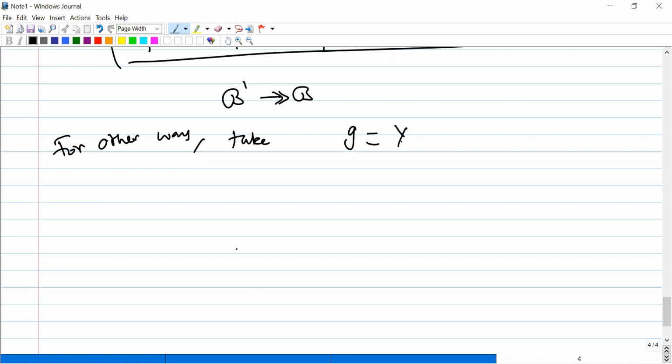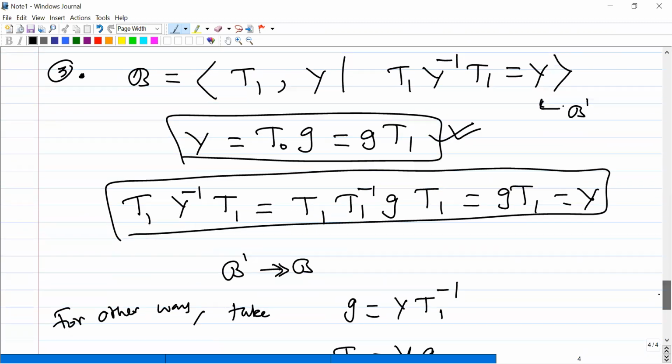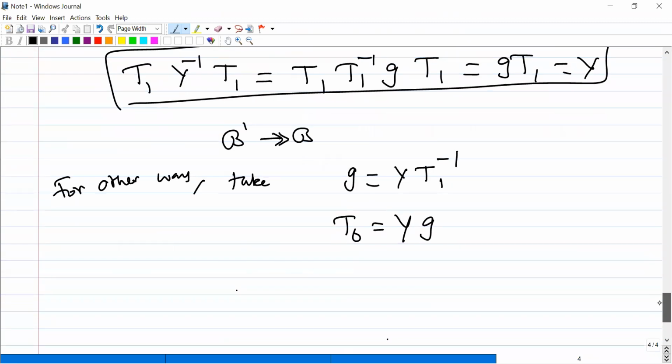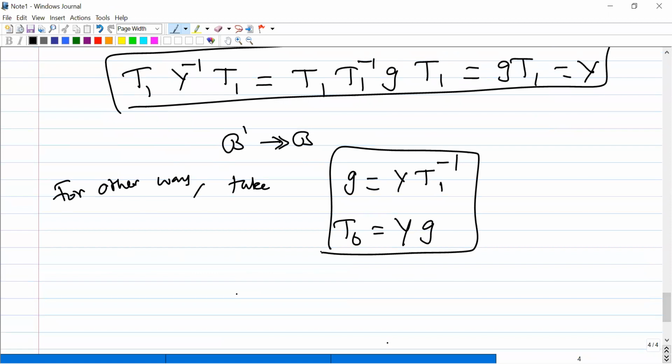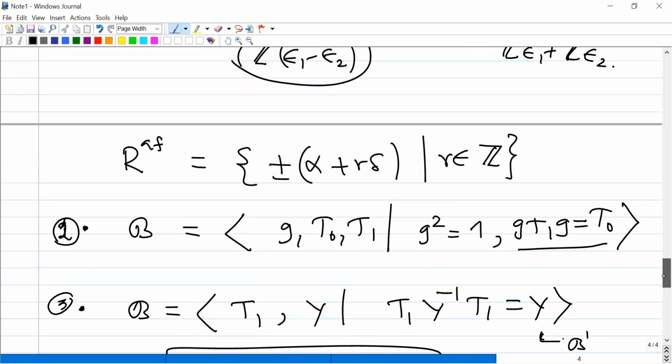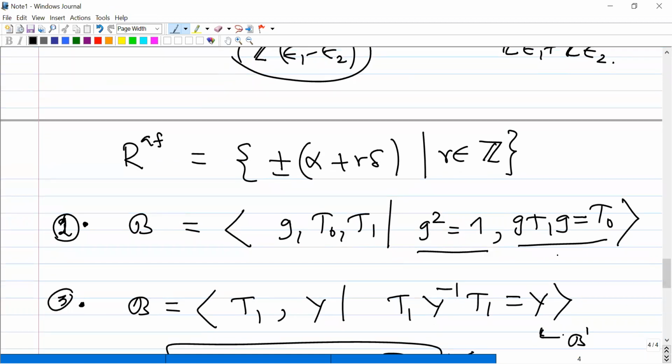So G, you can take it to be Y T1 inverse, and then T naught to be YG. I'm just rewriting the relations that I stated here. Then it's easy to verify what is G square. I need to verify what is happening with G square and this GT1G.